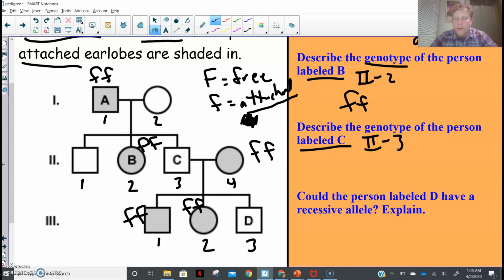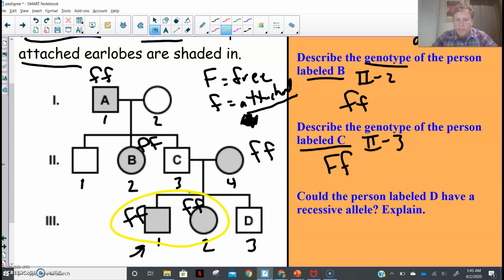So since they don't have it, they have to have one capital F. And if we look at their kids down here, how can their kids get two little f's? Well, their dad, person 2-3, had to have a little f to give. That's the only way that persons 3-1 and 3-2 could have the trait.